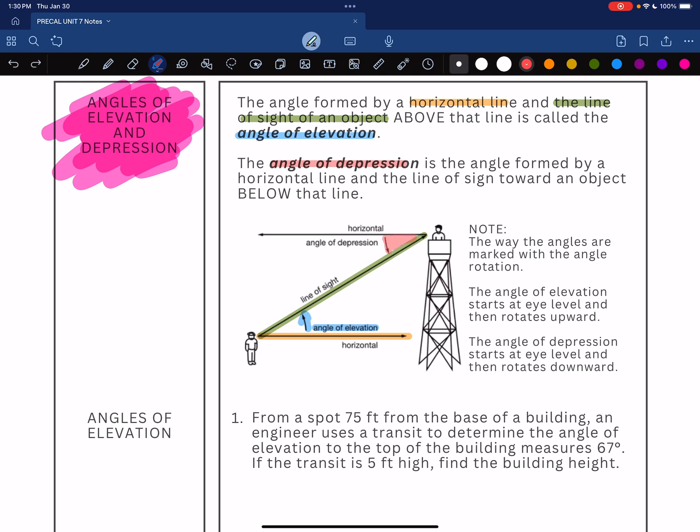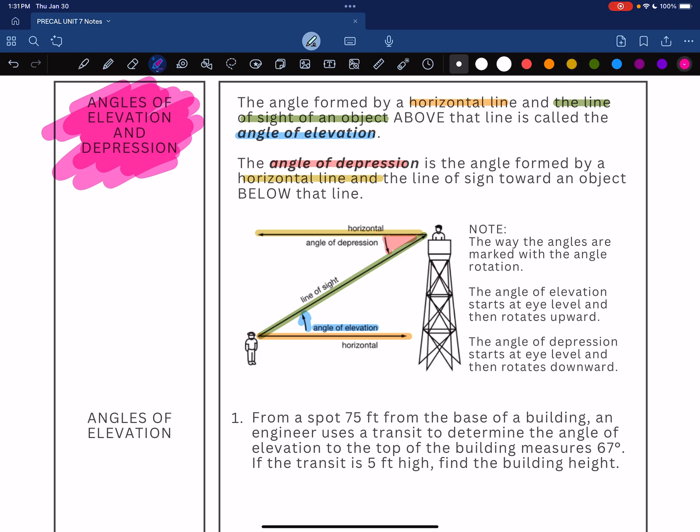This is that angle of depression, which is formed by another horizontal line, this yellow horizontal line, and a line of sight that's created by looking down from that horizontal. So you've got your angle of elevation, where you take from eyesight and look up, and angle of depression, where you take your eyesight and then tilt your head and look down. Those are the two different angles created.